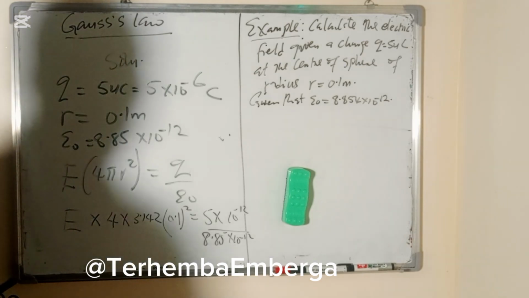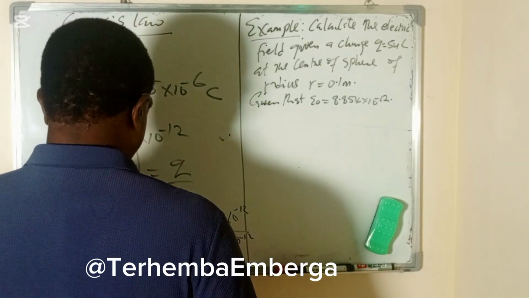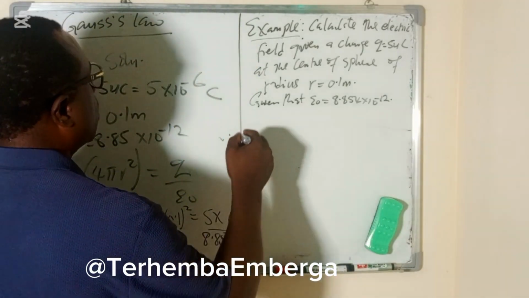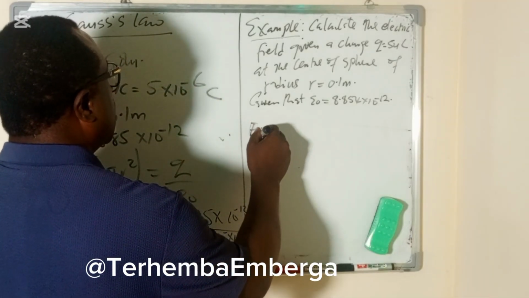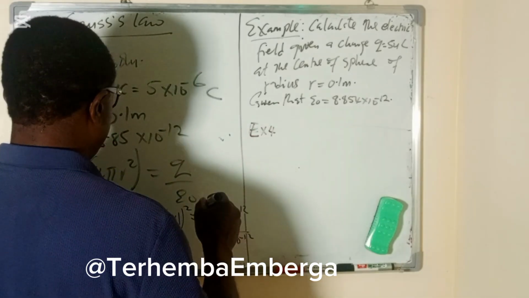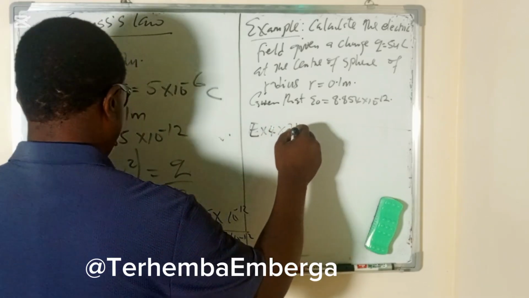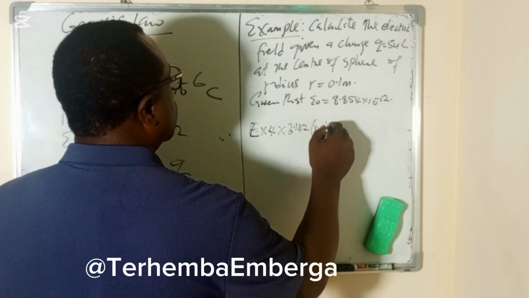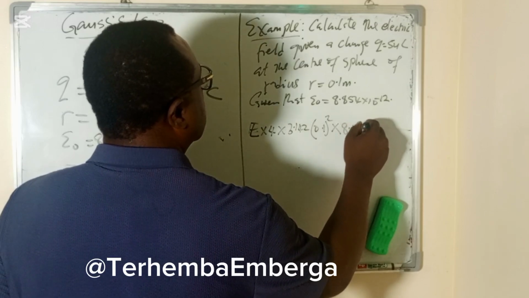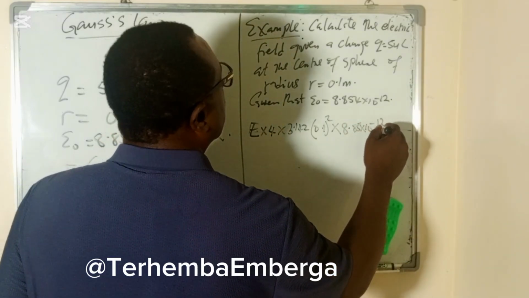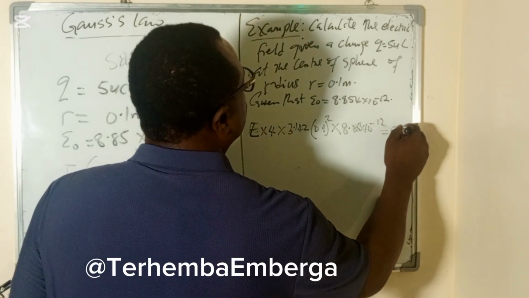Or you can put it this way: E times 4 times 3.142 times 0.1 square times 8.85 times 10 raised to the power minus 12 is equal to 5 times 10 raised to the power minus 6.